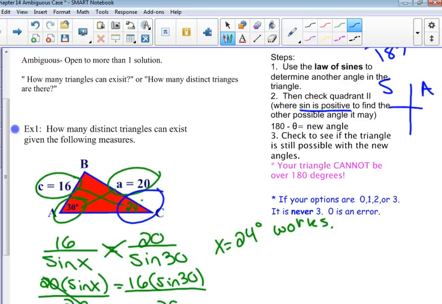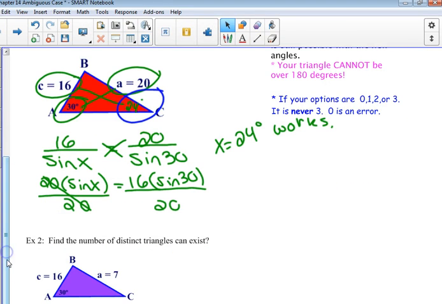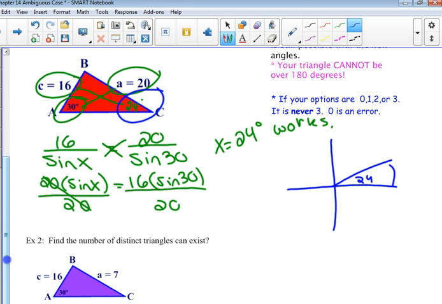We need to check, using our quadrants, whether the other possibility would also work. 24 degrees falls in your first quadrant. What would it be in quadrant 2, where sine is also positive? If you subtracted 24... do you remember your reference angle, the same stack? What did you get? 156. Good.